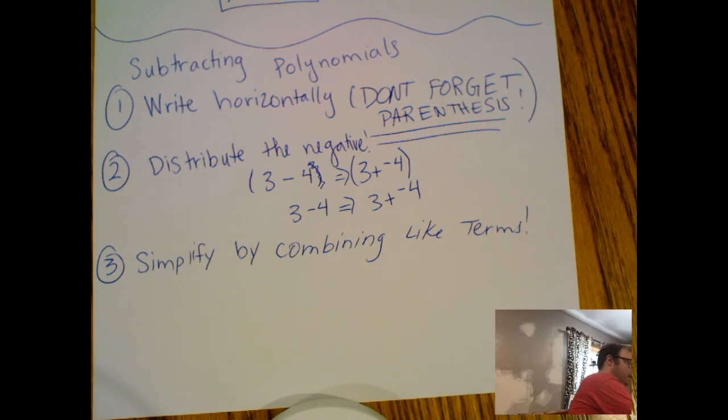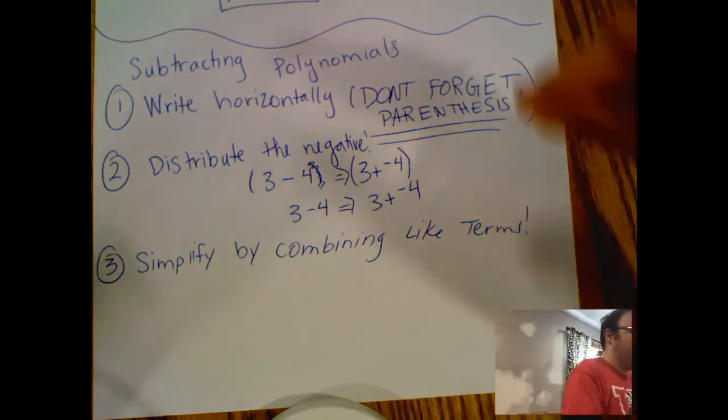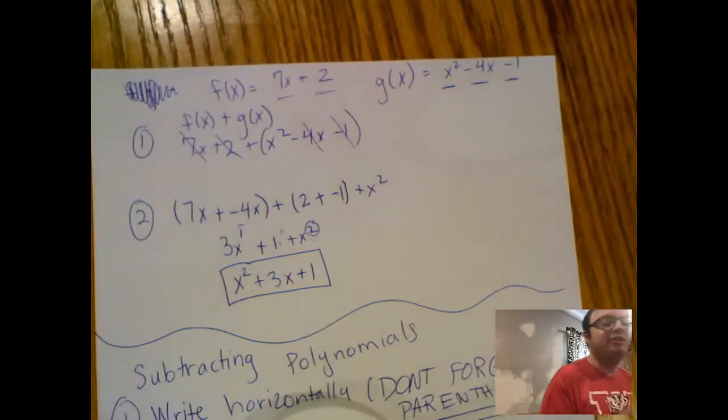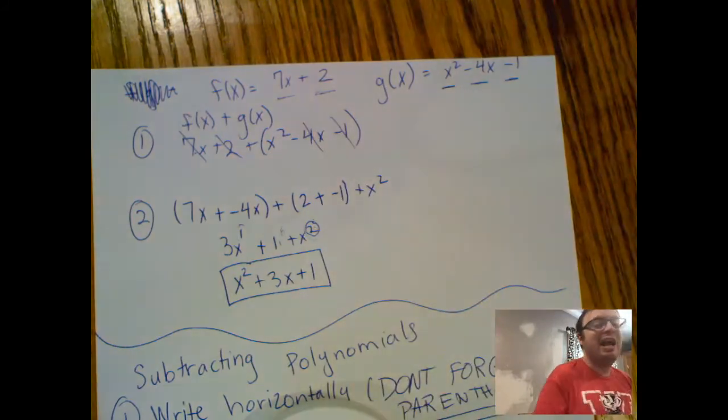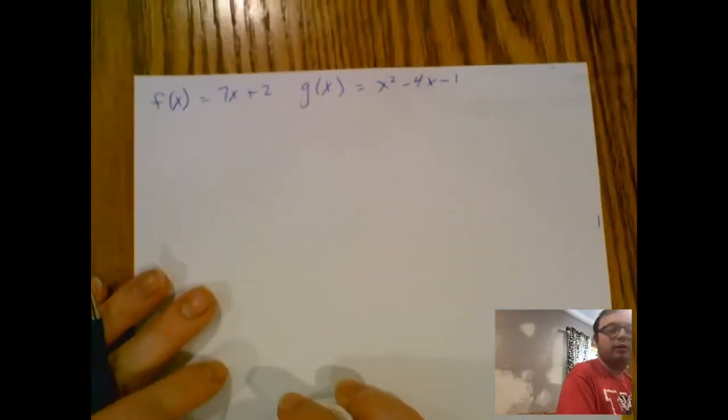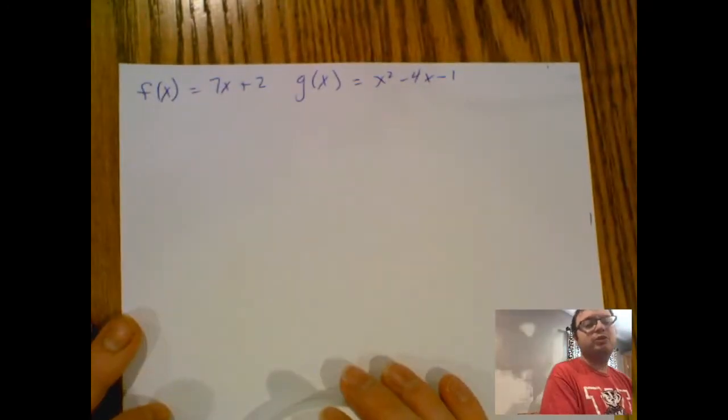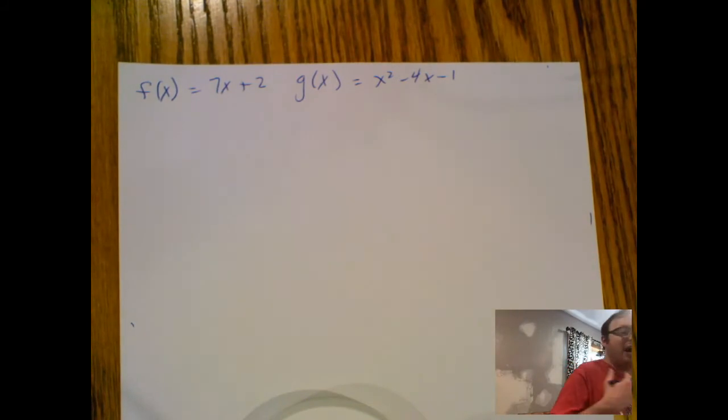Okay. So what I'm going to do now is take our previous example, this exact same example, but instead of adding the 2 polynomials together, I am now going to subtract them. So if I have right here 7x plus 2 and x squared minus 4x minus 1, and now I want to subtract those.